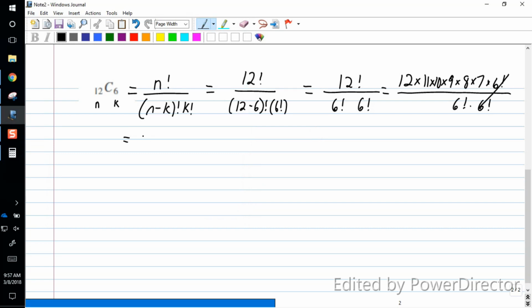So what that means, if you try to make up a problem so that this would make sense in the real world: if there were 12 students in here, and I wanted to get a 6-member group, and order doesn't matter, there would be 924 ways to form a 6-member group.